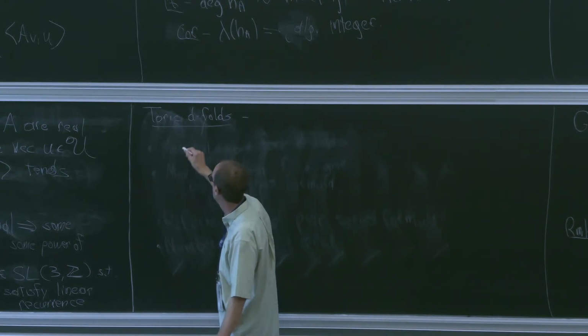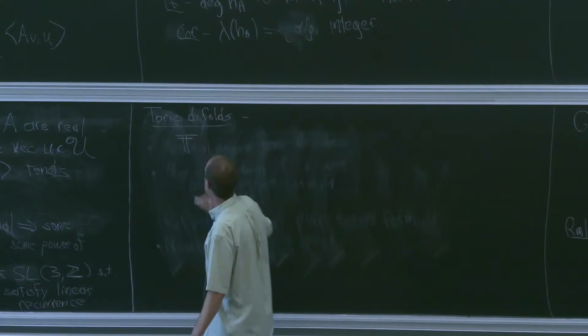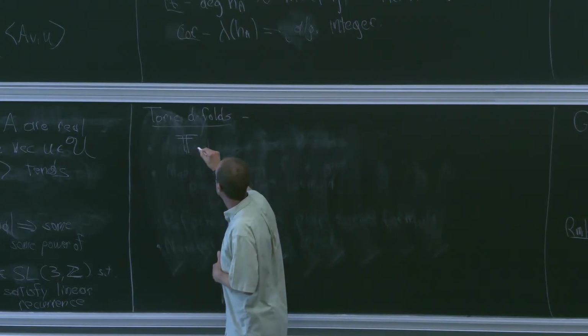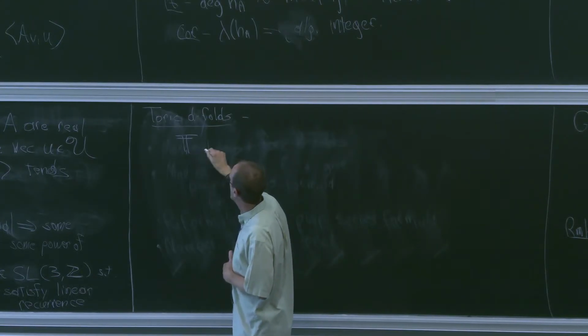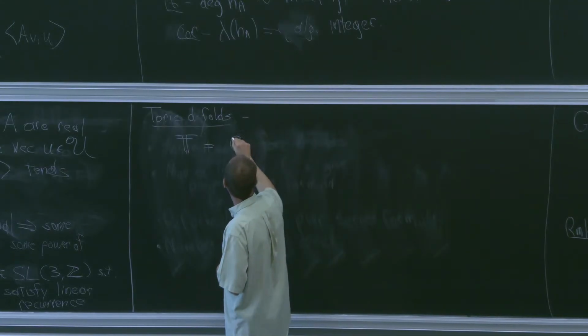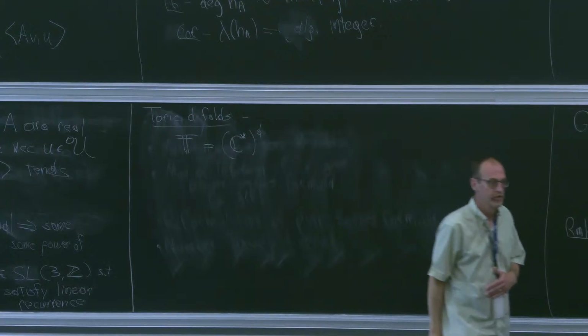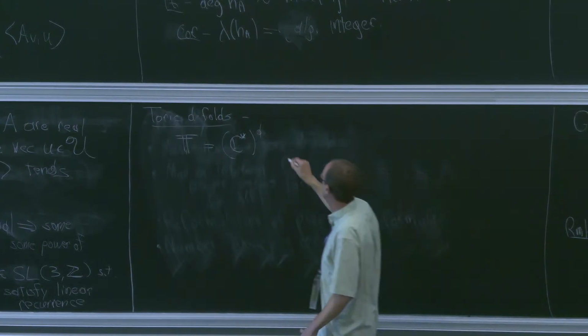I'm not qualified anyhow. So I'm just going to say enough to hope you get a general idea. Okay, so I'm going to let this blackboard bold T denote C star to the D, the D-dimensional complex torus.